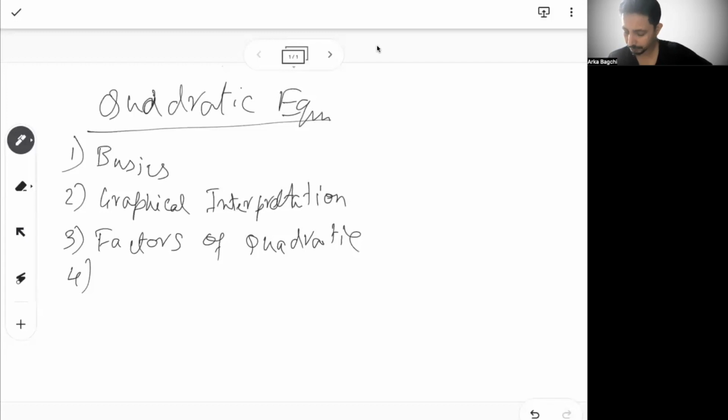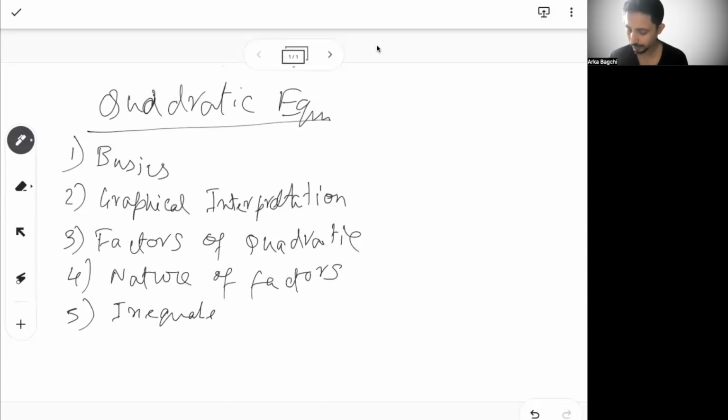Then we'll do the nature of factors, the properties of the factors of a quadratic equation. Then we'll talk about inequalities of quadratic equation. Then we'll talk about the discriminant and roots.